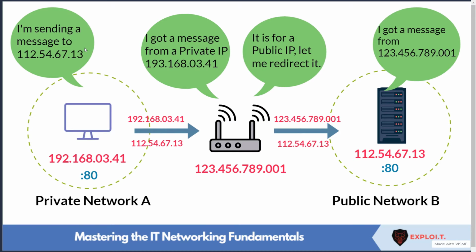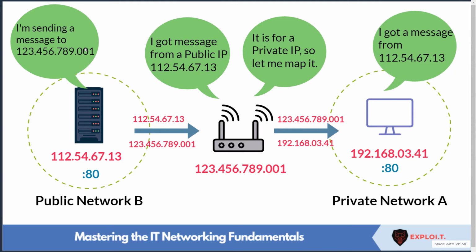Now at the last, once the message has been received, the DHCP server or the DNS server or whatever server you made the request to, it says, I got a message from 123.456.789.001. That means it sees the request has come from the router, but it does not know that behind the scenes the actual request has been made by the PC.